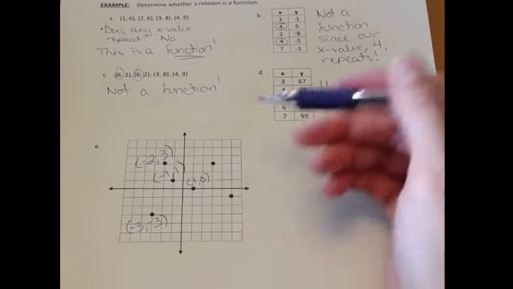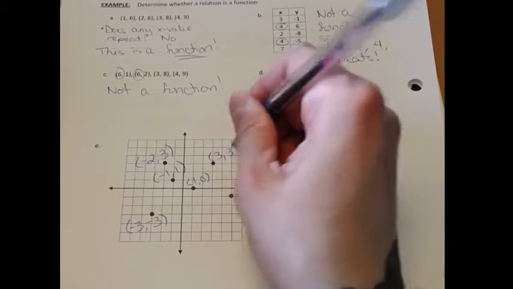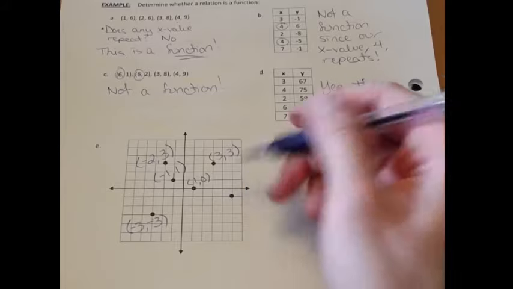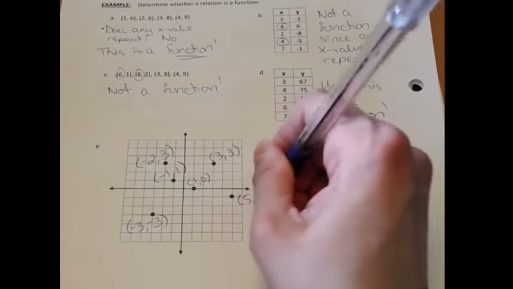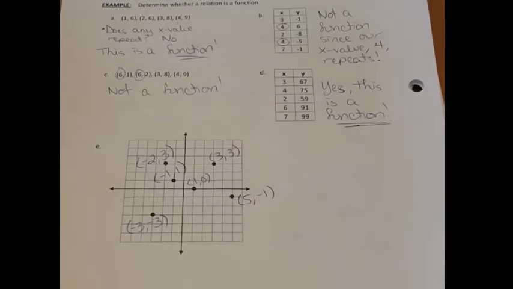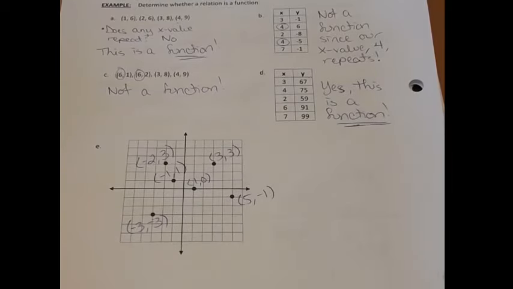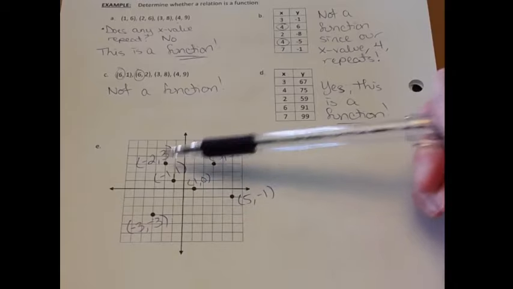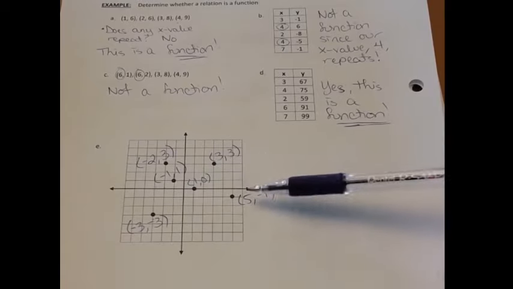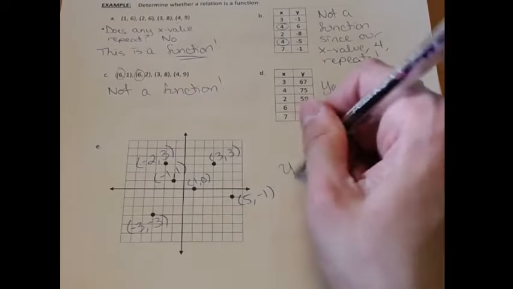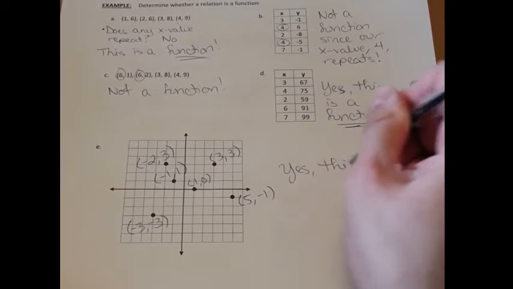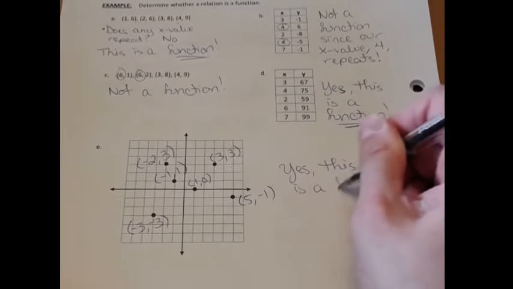Next I have (3, 3). And lastly, I have (5, -1). As we scan this graph from left to right, notice that each x value is only represented at most one time. So yes, this is a function.